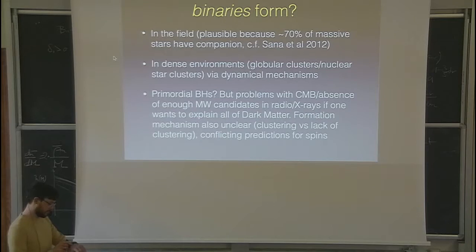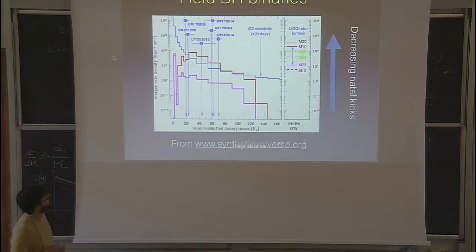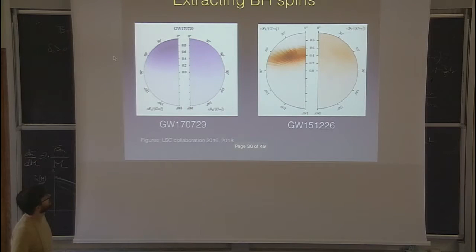I don't want to enter into the details. So I mentioned there is evidence that we can measure black hole spins with LIGO, or Virgo. I keep saying LIGO, but it's the LIGO Scientific Collaboration, so it's Virgo and LIGO.